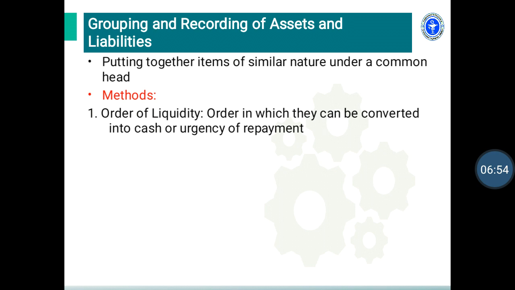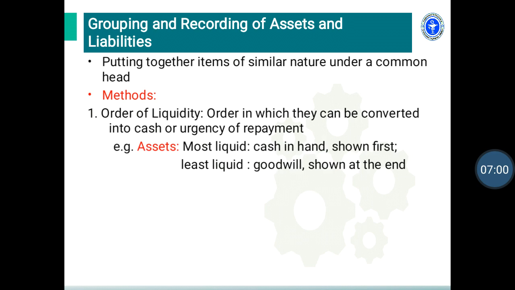It means the order in which they can be converted into cash. For example, the most liquid assets, that is cash in hand, is shown first, and the least liquid assets, that is goodwill, is shown at the end.